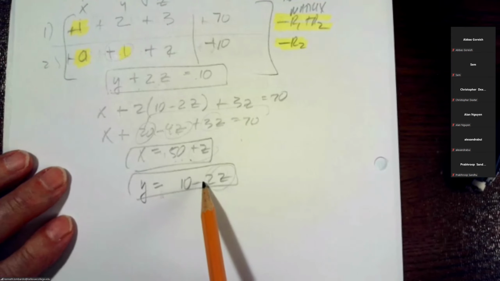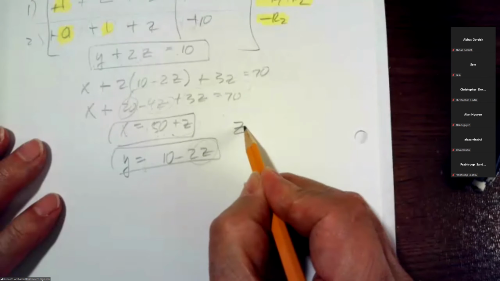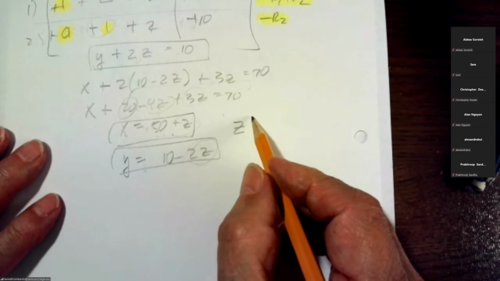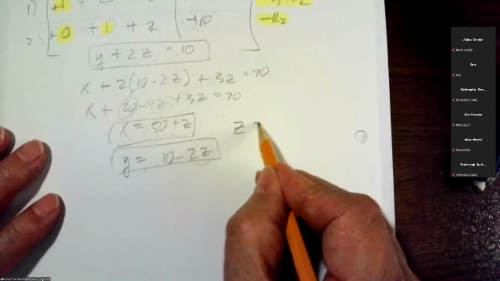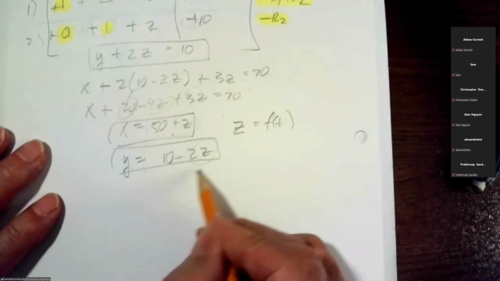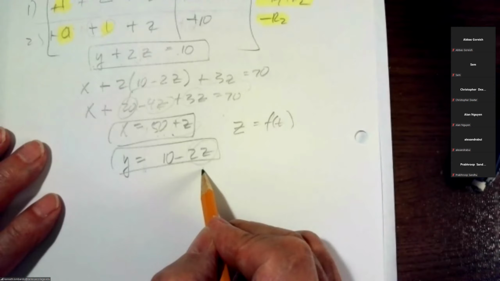And it could turn out that Z happens to be some function of time. So Z might vary with some function of time.